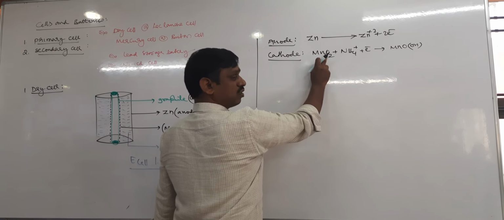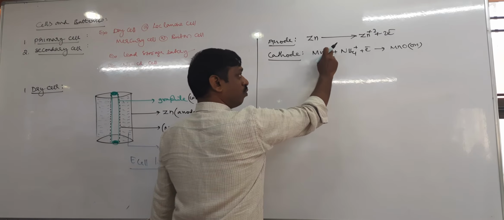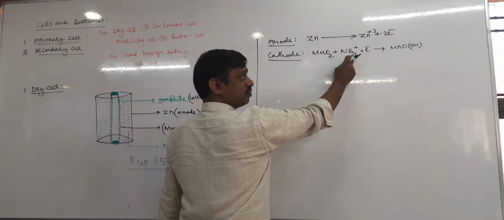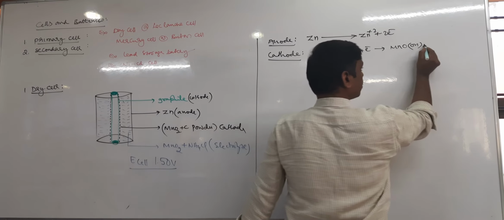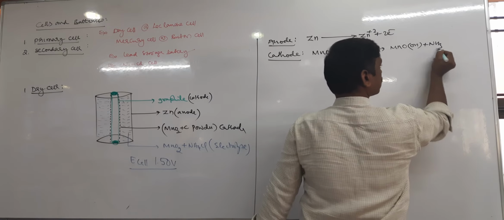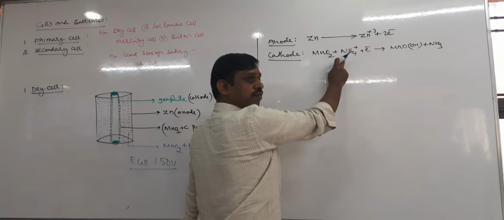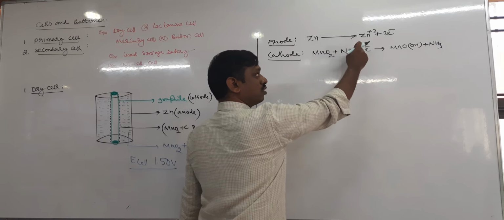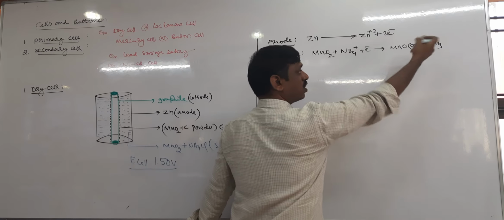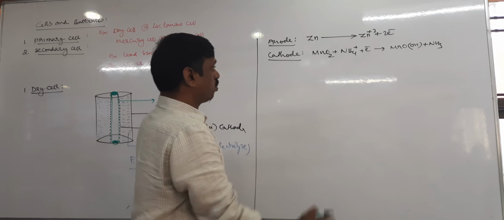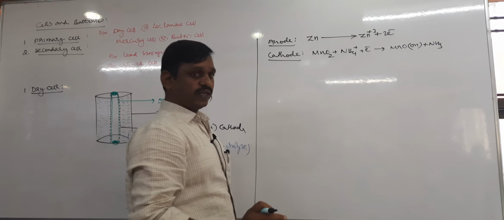One oxygen is left as it is and one more oxygen plus one hydrogen, one positive and one negative, neutral. Then what is left here? Ammonia will be left now. Therefore at the cathode this reaction takes place.